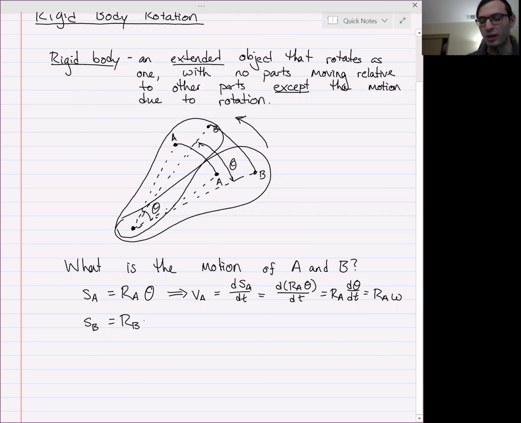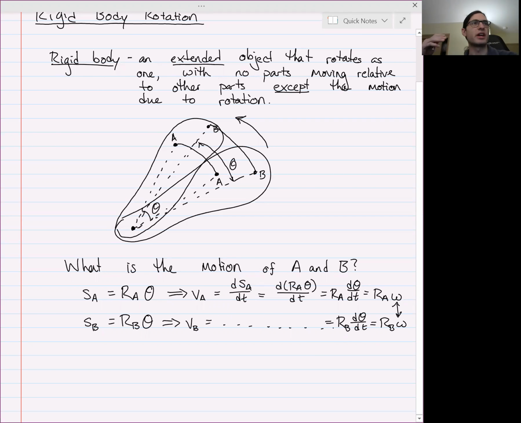And so we can do the same thing with position B. So it's R_B times theta is the distance traveled, and we could just work out the velocity of B. It's all the same, except at the end of the day we would get R_B times d theta/dt, which is just R_B times omega. The important point is that because they pass through the same angle, they have the same angular speed or angular velocity.